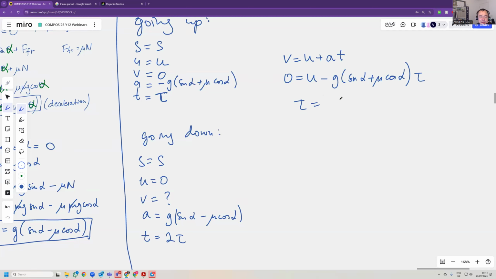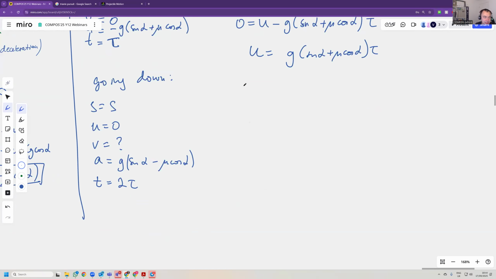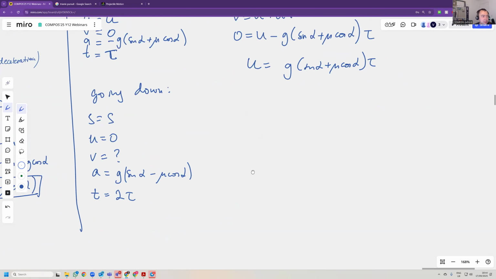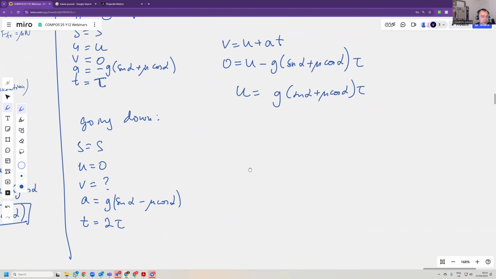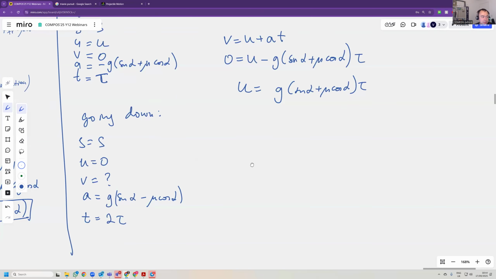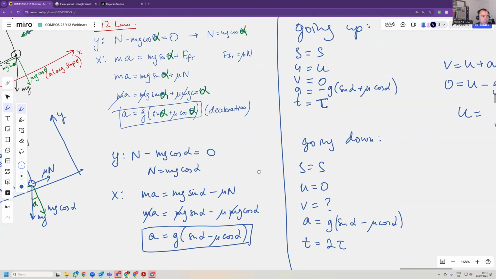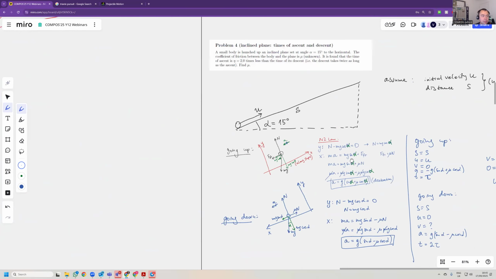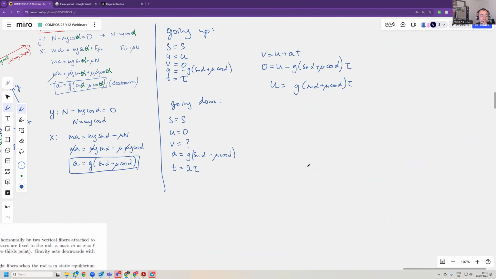So u is equal to this thing. But when do we use that, if we need to find mu?